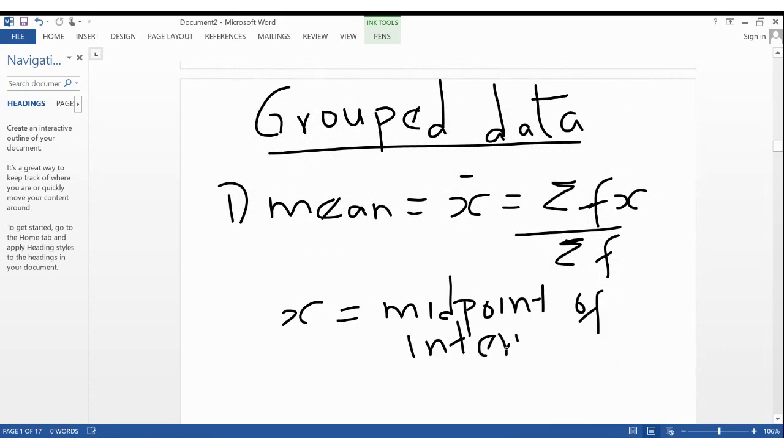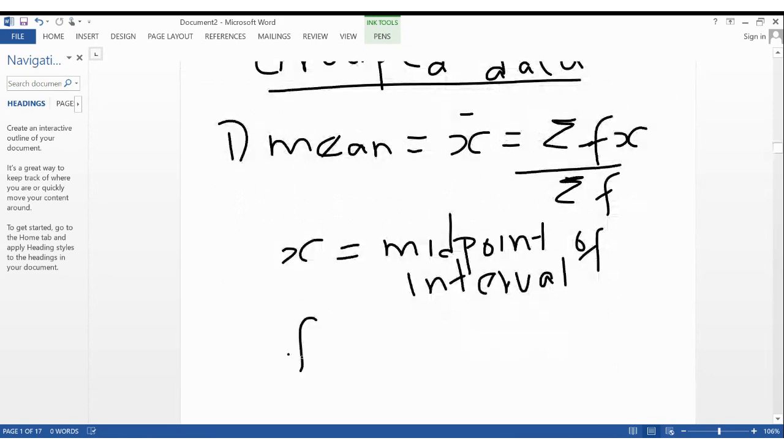I'll show you how you'll be able to get it. And then our f basically is the frequency. So you just have to take the midpoint and then you multiply with the frequency.